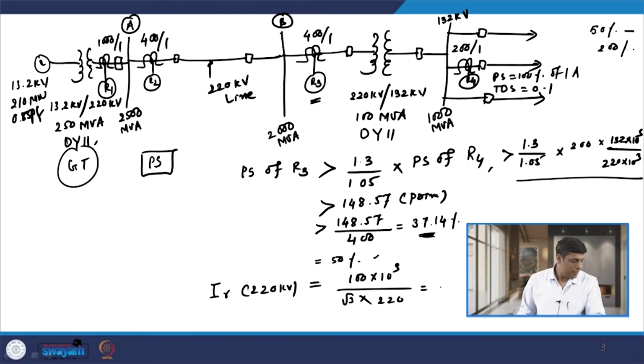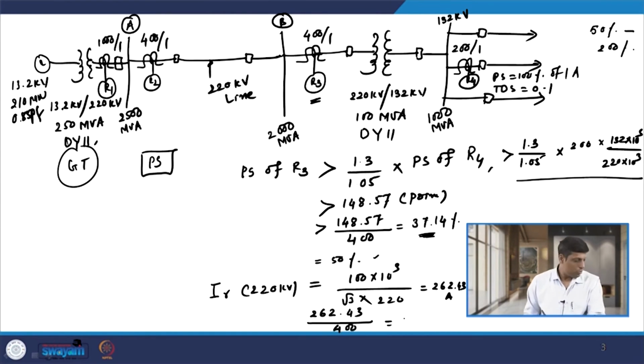If you solve this, then that comes out to be roughly 262.43 ampere, that is the current. If I convert this to the secondary side of relay R3, then I have to divide this 262.43 by the CT ratio of R3, that is 400.